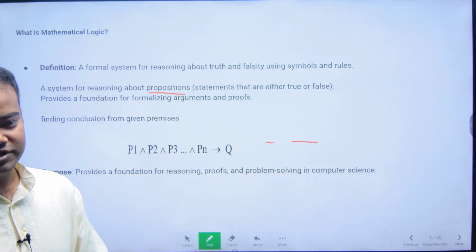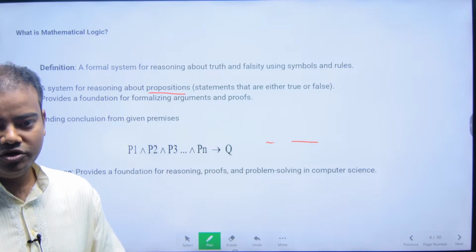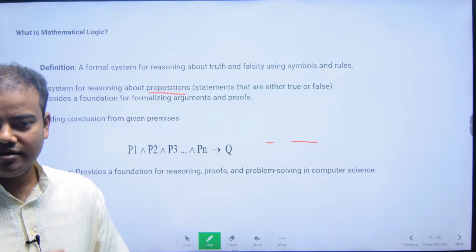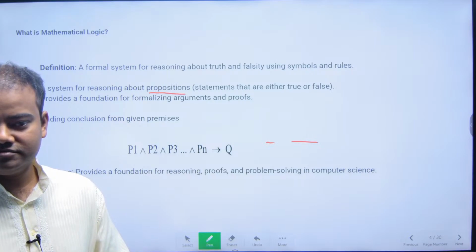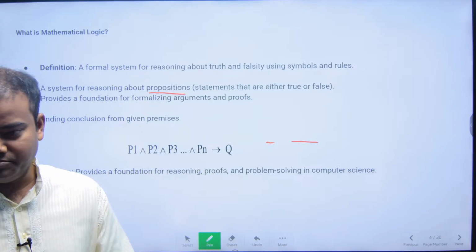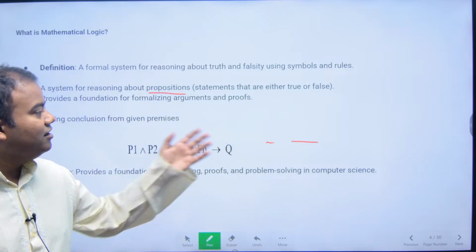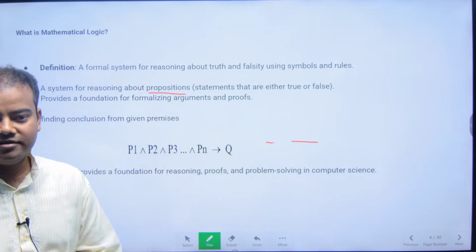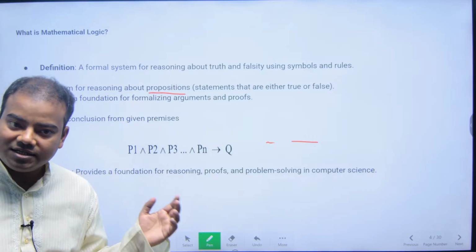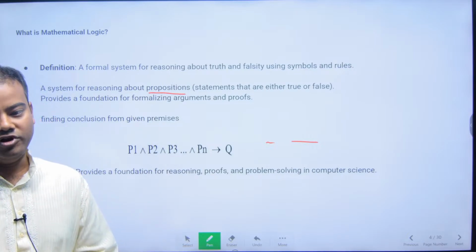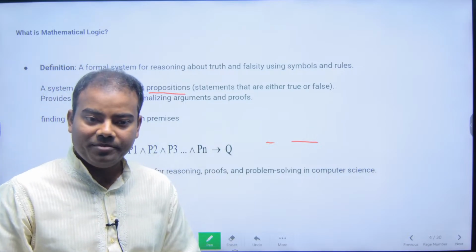True and false. If I tell you that you are a student, is it a proposition? Yes, because it is a true statement. If I say that this is a chair, is it a proposition? Yes, because that statement is false. And if I say what is your name, is it a proposition?